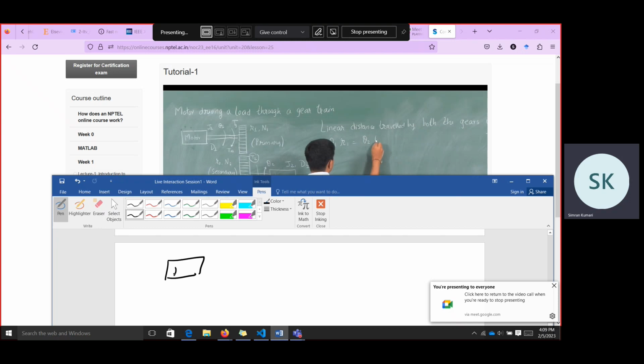So there is a motor. It is connected to a gearing through shaft J1.